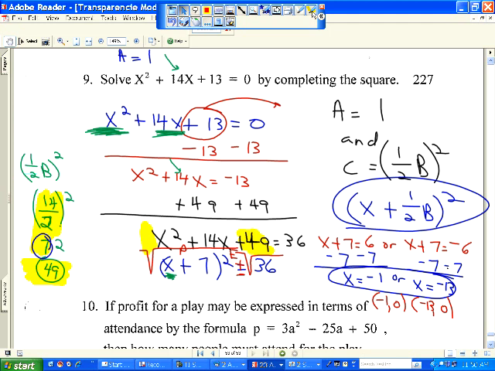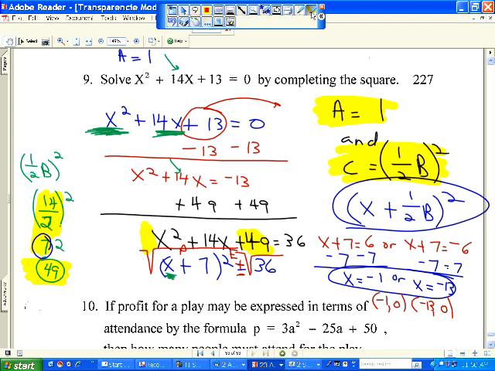As you finish writing, I'm going to talk some more. Remember that the definition of a perfect square trinomial is a trinomial such that a is 1 and c is half of b squared.